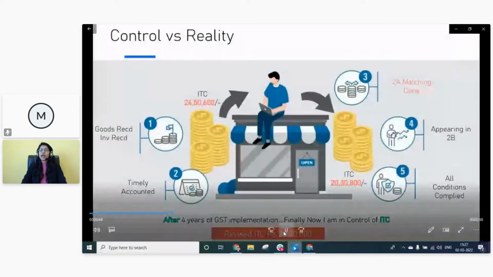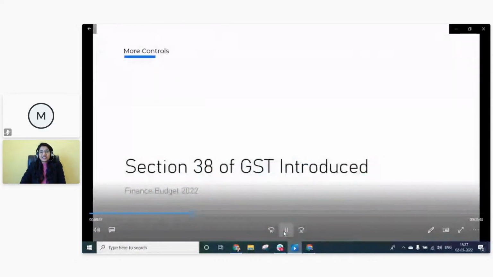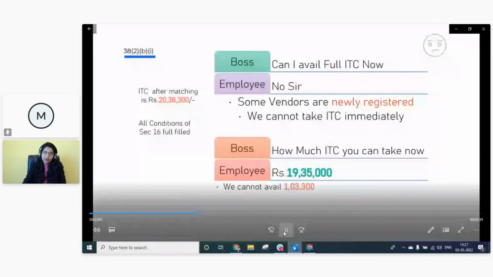Now let's assume we have fulfilled all the conditions and we say, okay, finally my ITC is 20,30,800 after fulfilling all such conditions. Now let's talk about section 38, which was introduced in the budget. What exactly do we have to do?